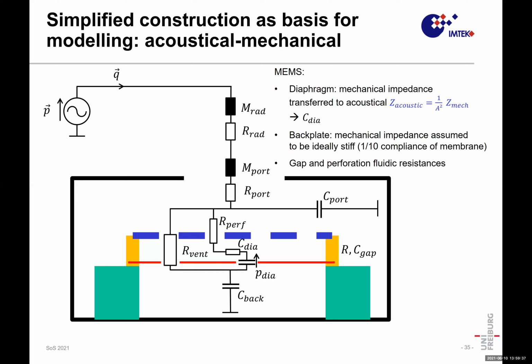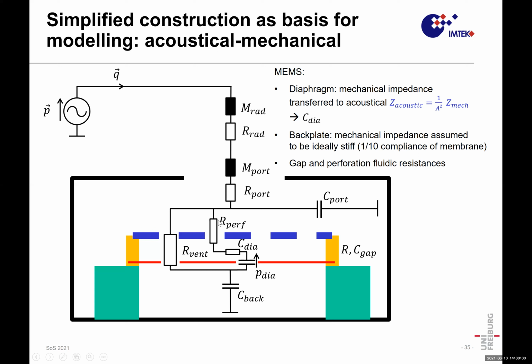So the C diaphragm is basically the mechanical compliance divided by the area of the diaphragm. Then we can treat it as if it was an acoustical compliance. The expert sees immediately that this cannot be an acoustic compliance because it's not against ground. It is between two other nodes, and for this it is already clear.